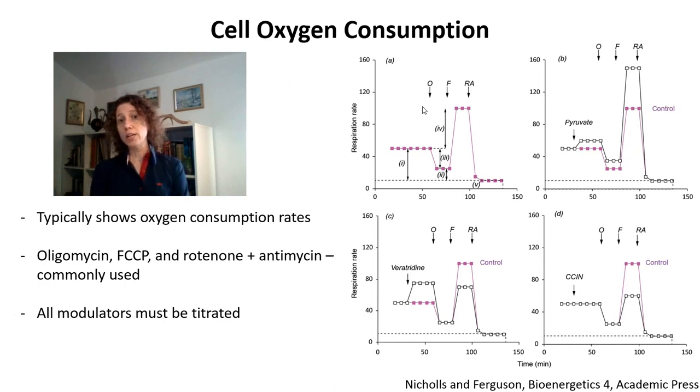On the other hand, depending on the constitution of your media, if there's protein or not, the amount of effective oligomycin, FCCP, or rotenone antimycin might change, and also different cells respond to different quantities of these inhibitors. So it's really important that you titrate so you have the expected respiratory effect and you use the lowest amount of this inhibitor that generates the expected effect. So always titrate these substances.